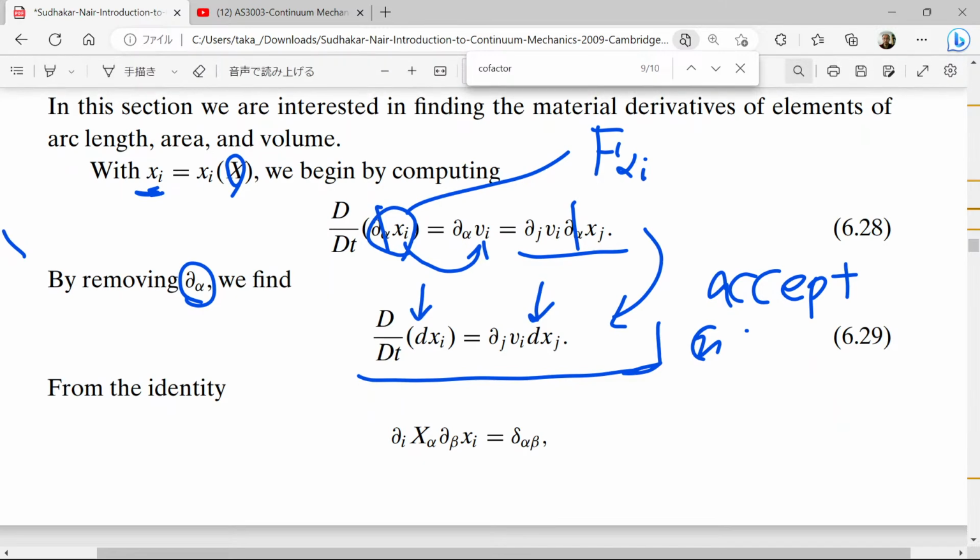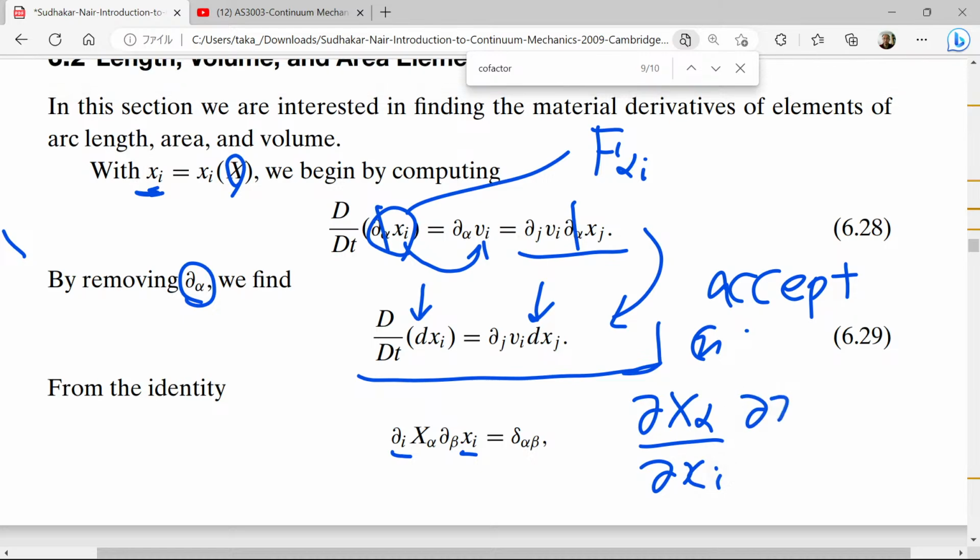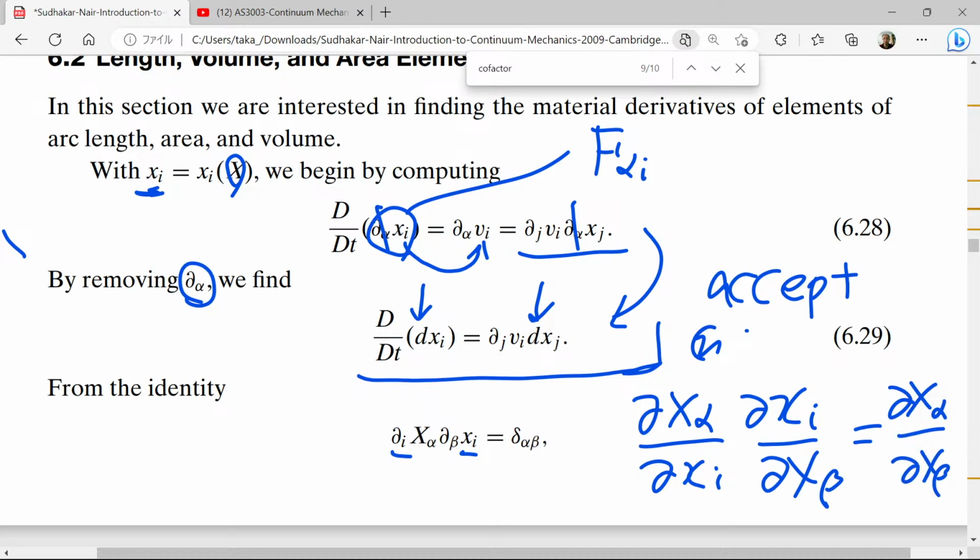Then this is a famous identity. See, you have i repeated, right? So you have partial x alpha, partial small xi, and you have partial small xi, partial large X beta. This is partial x alpha, partial x beta, and these are orthogonal: x alpha, x beta, x gamma.